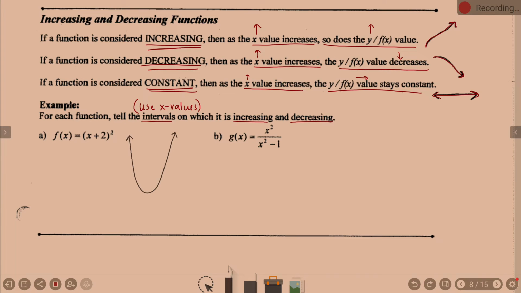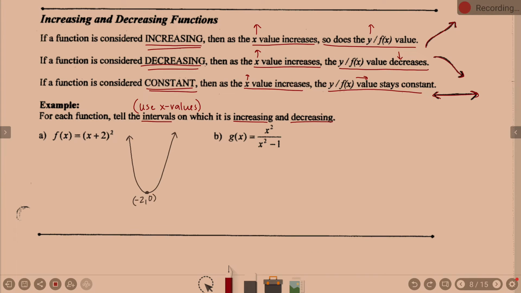The key point we're going to need is where the minimum value is, and it's at (-2, 0), correct? So you've got a parabola at (-2, 0). That's all the information I need, honestly, to do this problem.